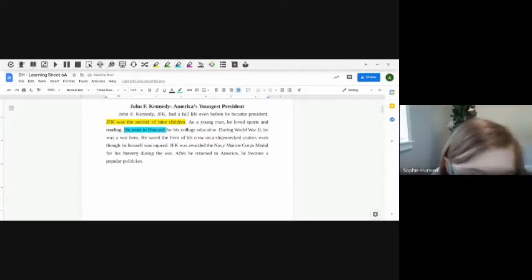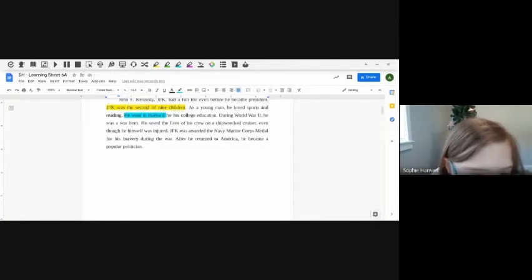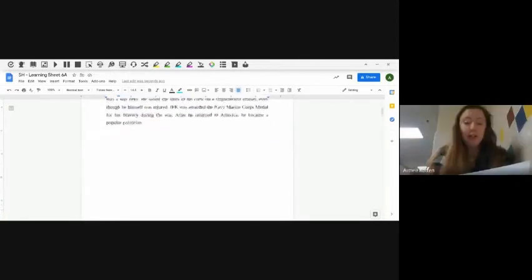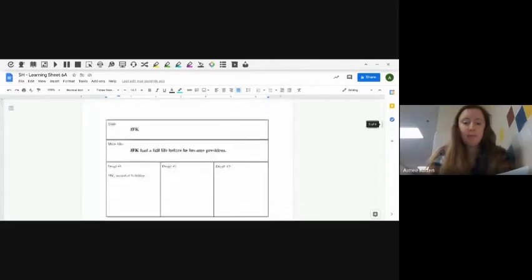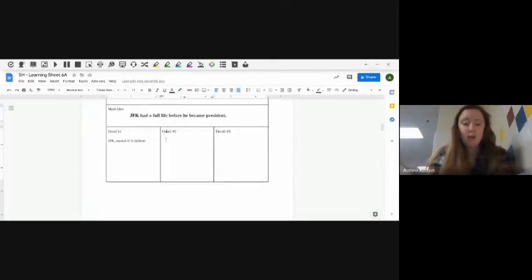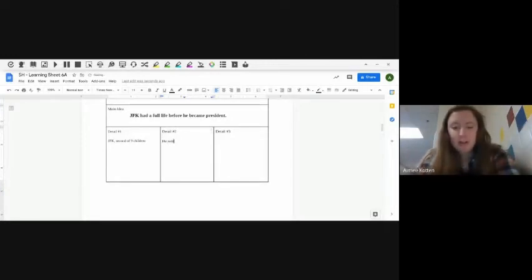I think I'm going to go with green this time. Green next time? Okay. So detail 2 is that he went to Harvard. So that's a college that he went to.